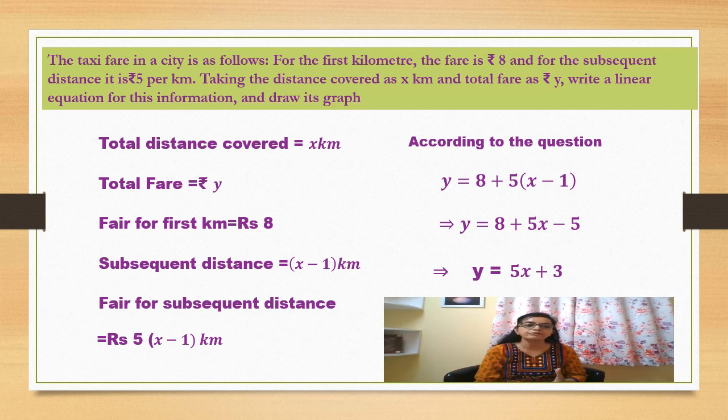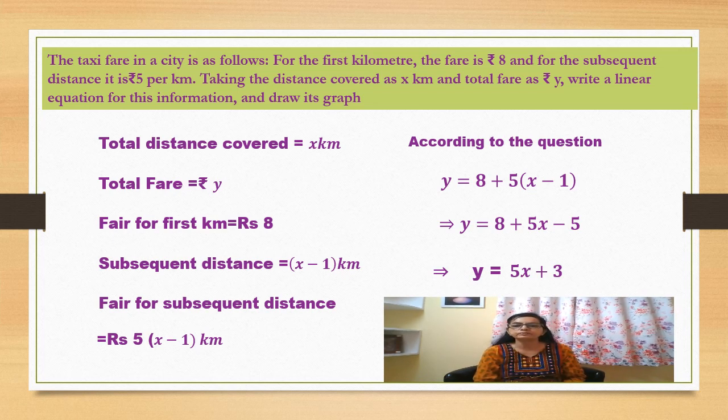For example, if you are going somewhere and your destination is 5 kilometers away, then what is the subsequent distance? The subsequent distance is 5 minus 1, that is 4 kilometers. Why? Because the first kilometer is already having a fixed charge. So be careful about it: the next step will be x minus 1 kilometers, not x kilometers.